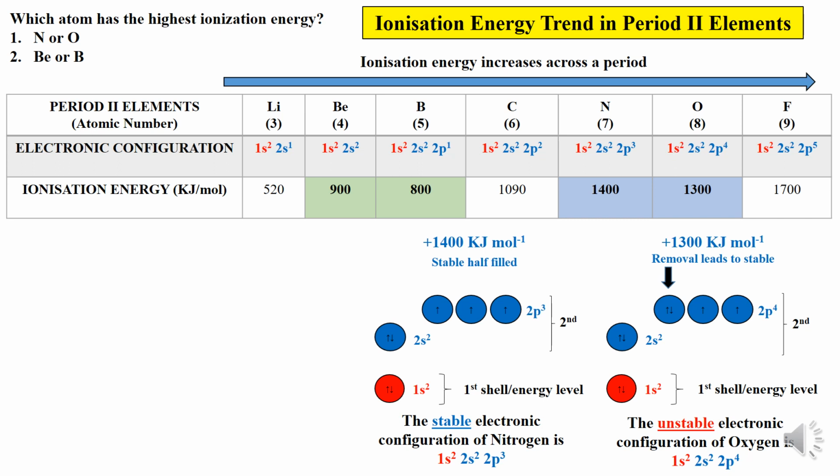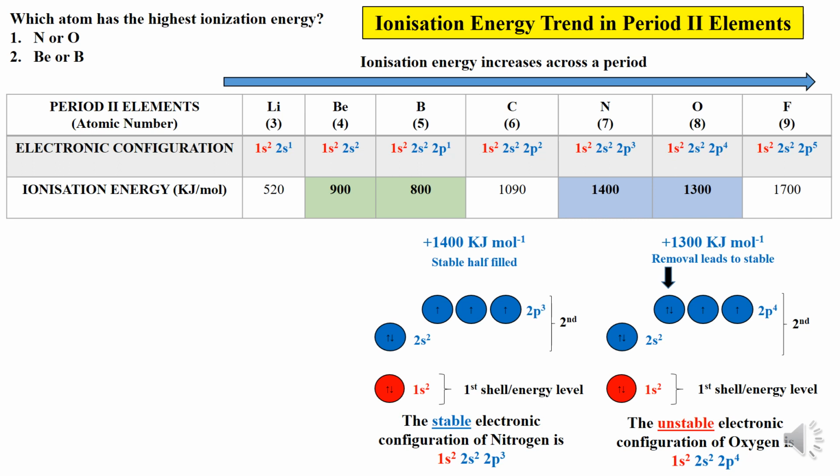Because nitrogen already has a stable electronic configuration, so in order to overcome this, more energy has to be supplied; it is an energy demanding process. But it's the other way around in case of oxygen. In oxygen, you find a total of 4 electrons in the 2p orbital: the first p orbital has 2 electrons, while the other 2 orbitals have 1 electron each.